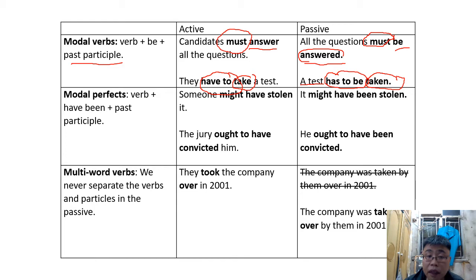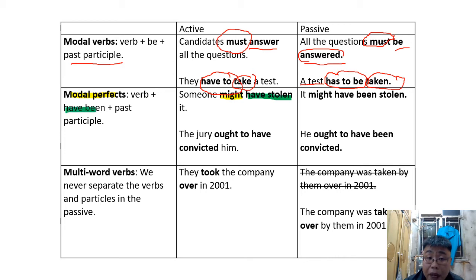The second category is modal verb followed by have been and past participle. Here, someone might have stolen: might is the modal verb, and then perfect have stolen.